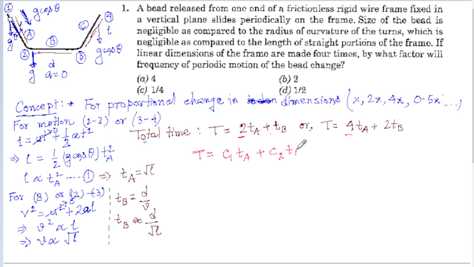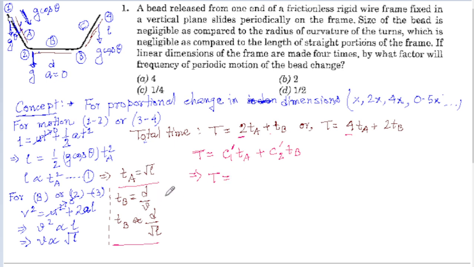Again we know that ta is proportional to root l, and tb is proportional to d divided by root l. Or we can write the equation in the form t equal to c1 dot ta plus c2 dot tb.